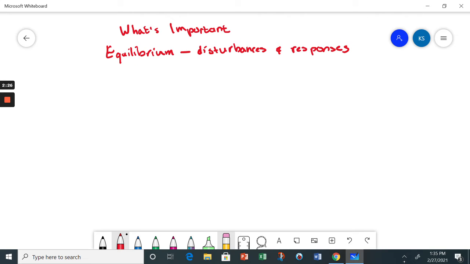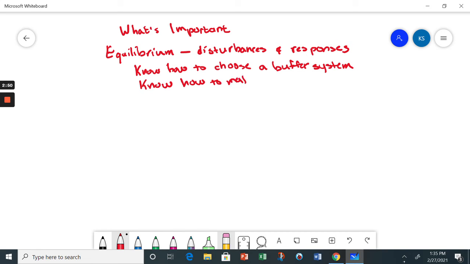One thing you have to do is know how to make a buffer. And I'm going to say how to choose a buffer system. And we'll go over that. Know how to make a buffer based on that choice. So as you take notes, these beginning notes, we're focusing on some of this top part.